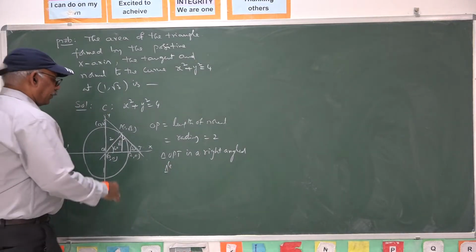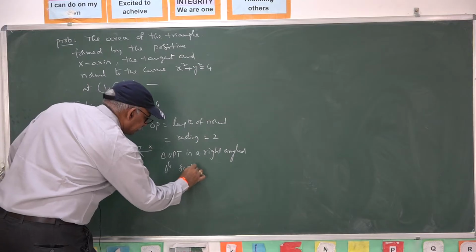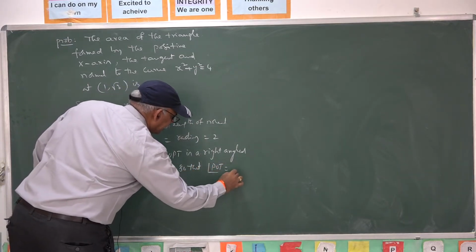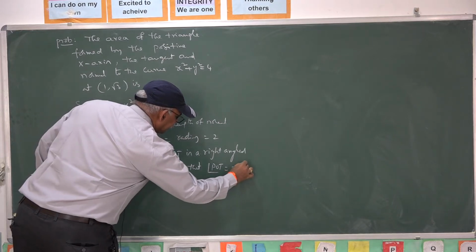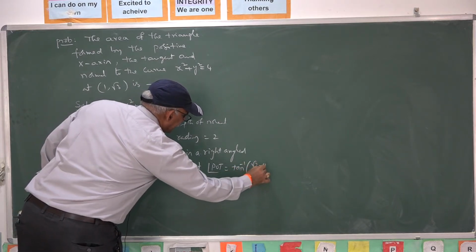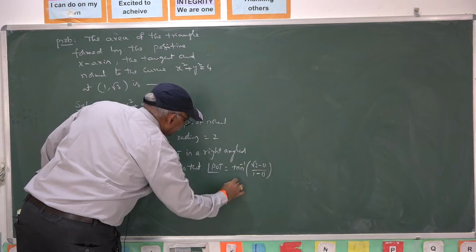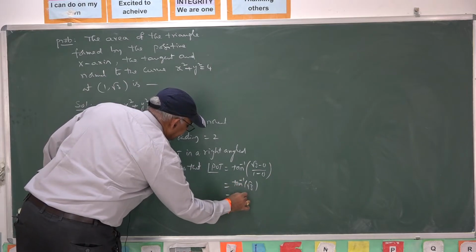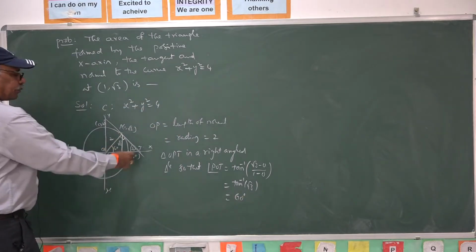So that angle POT is tan inverse of the slope, root 3 minus 0 by 1 minus 0, that is tan inverse root 3, which is 60 degrees.